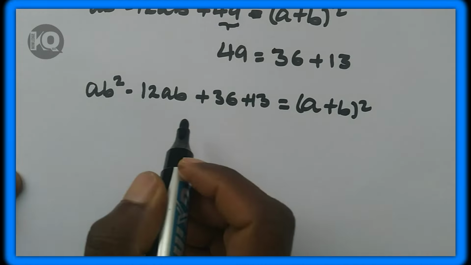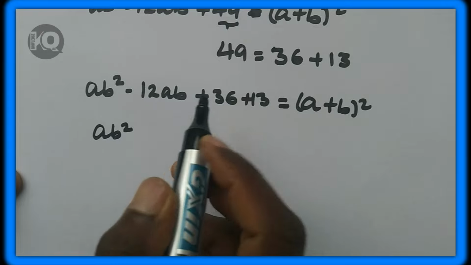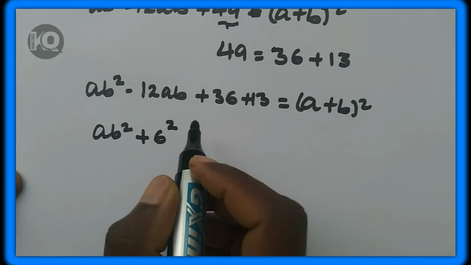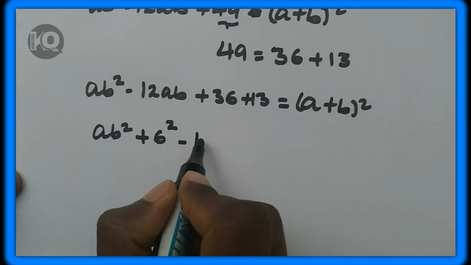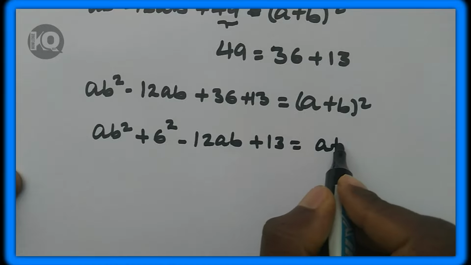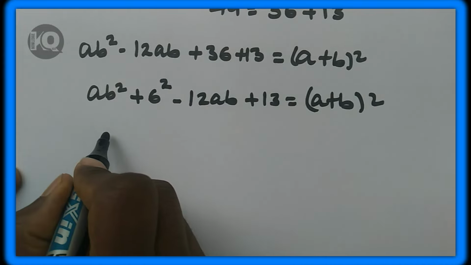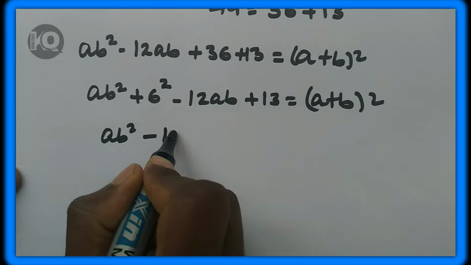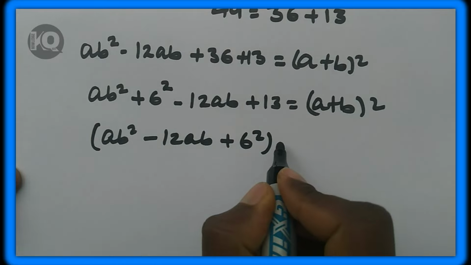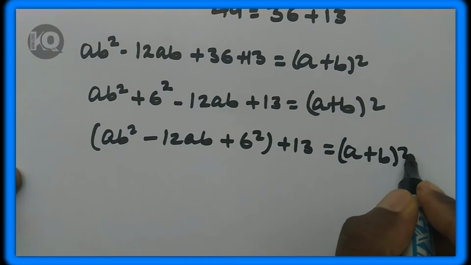Now (ab)² − 12ab + 6² + 13, which is equal to (a + b)².